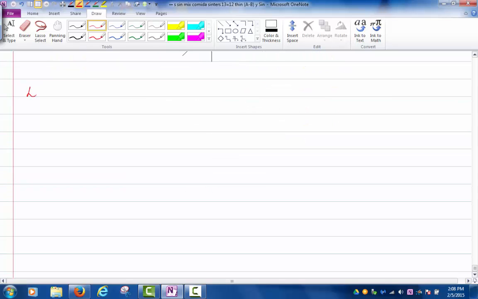So let's do an example. Let's consider the function f of x to be the function root of negative x, negative 1. What's the domain of this function?